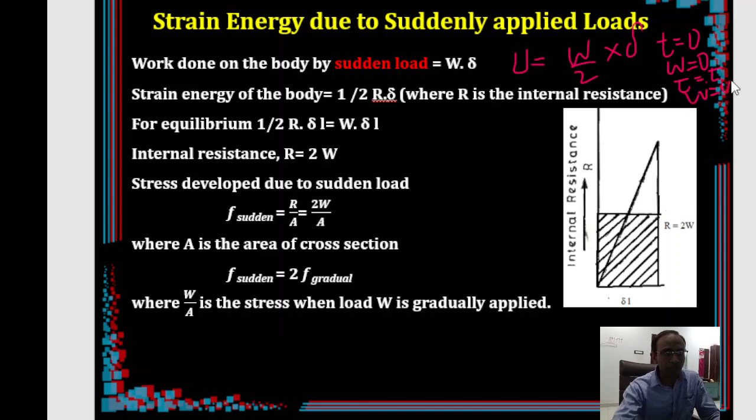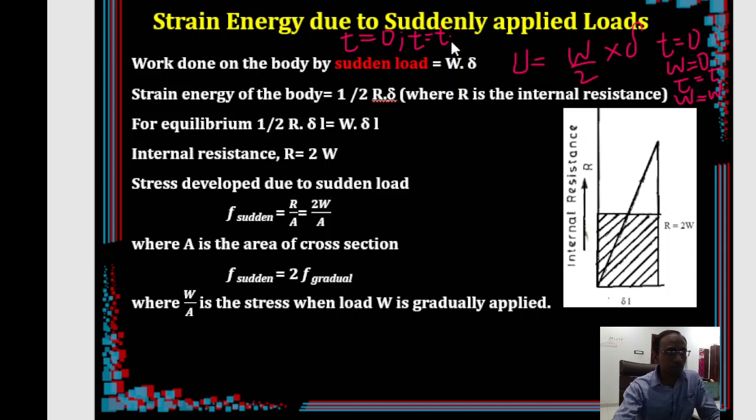Of course, in the previous section we used the integration process. But in this case, at time t equal to 0 or at time t equal to t, in both cases the load is W only because it suddenly came. There is no time gap.